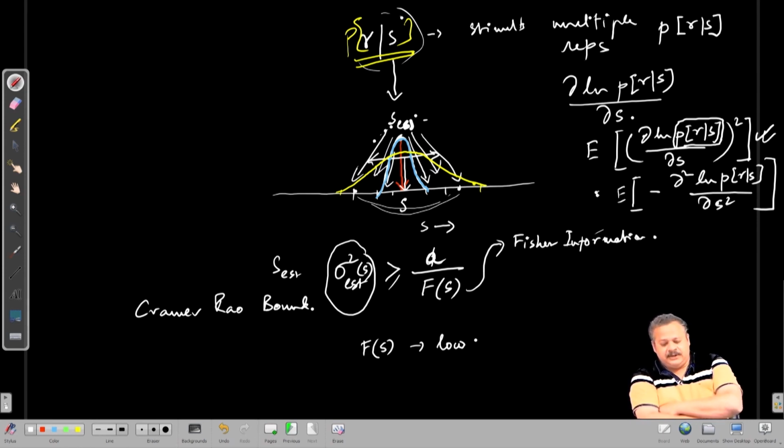As you can think about it a little more, cases where the response variability is low, as well as changes of the responses with the stimulus are high, this combination is going to produce the highest Fisher information.